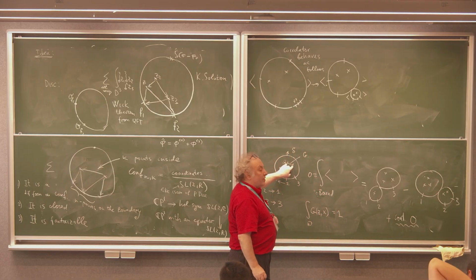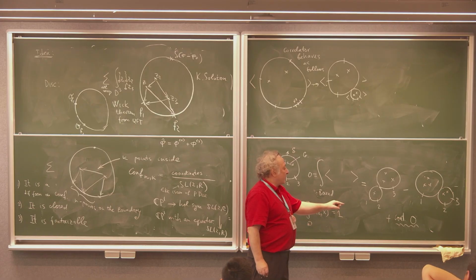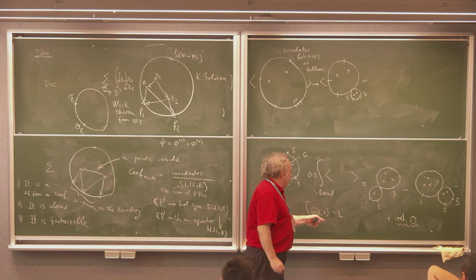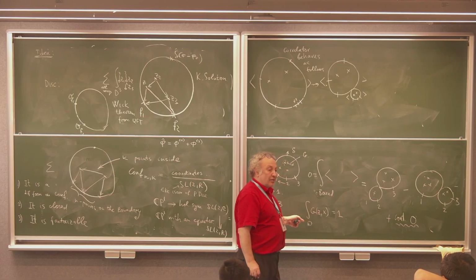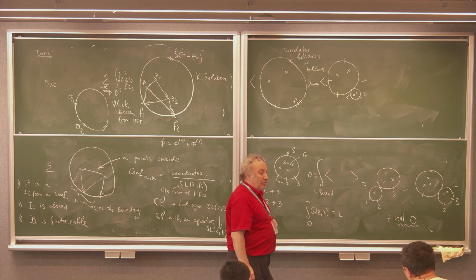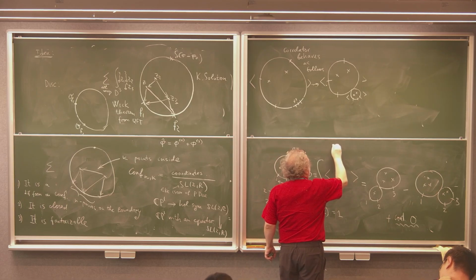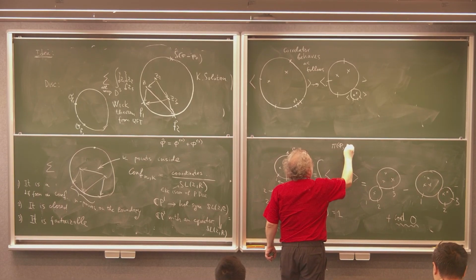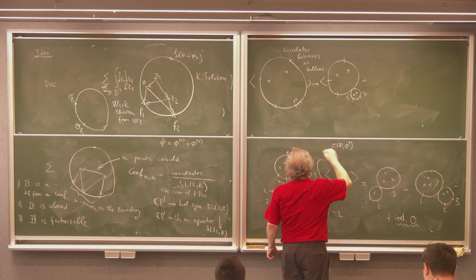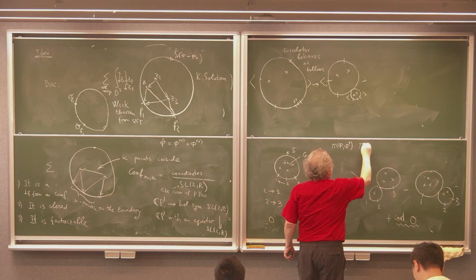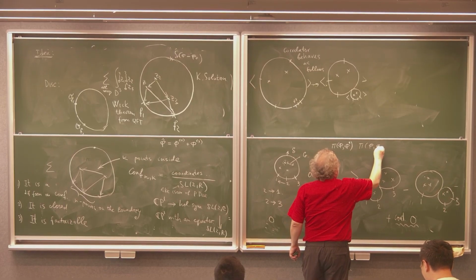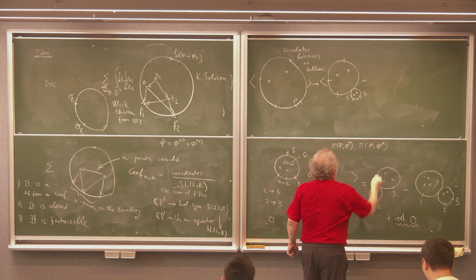So if there is a Green function between these 2 points, then we have this contribution 0. So we need to collect all Green functions that happen here. But how do they happen? We have phi star at one point. We also have phi star at another point.